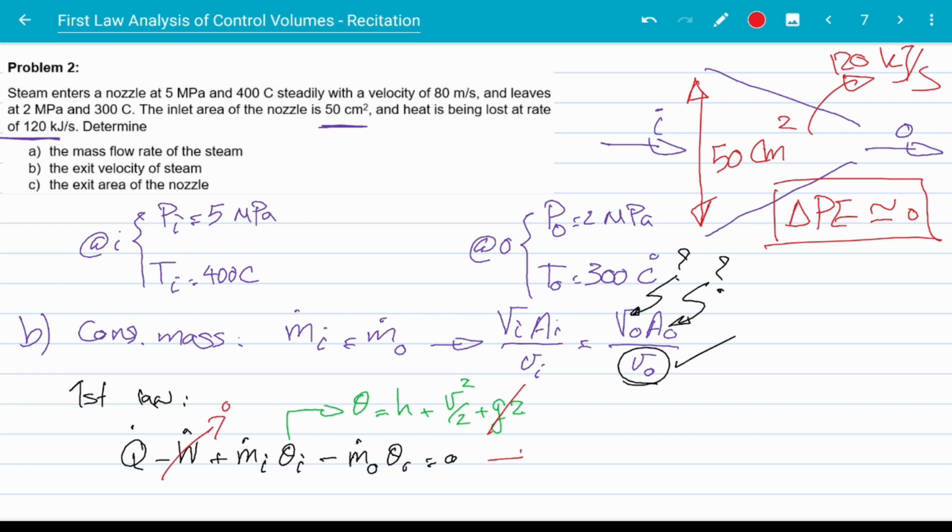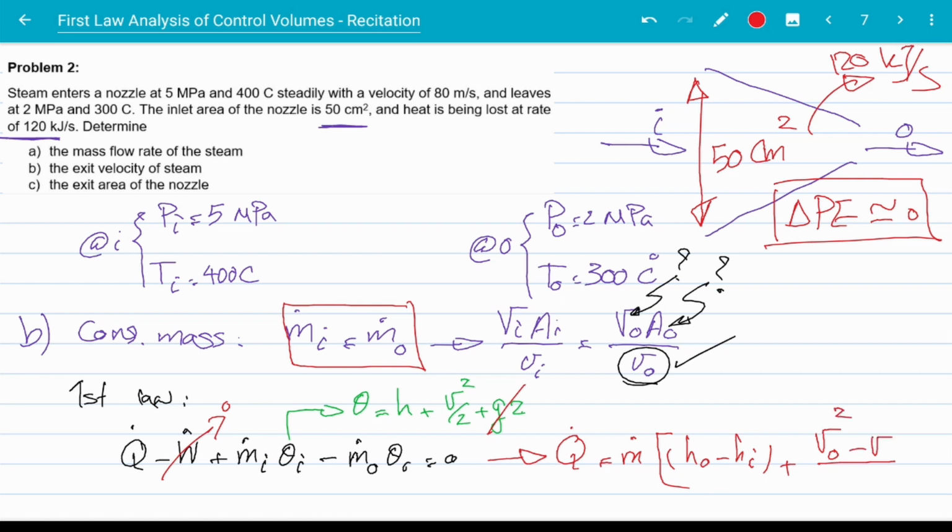We get that Q dot is equal to, now, earlier we developed that mass flow rate in is equal to mass flow rate exit. So I can say Q dot is equal to mass flow rate times (h_o minus h_i plus velocity_o squared minus velocity_i squared over 2).